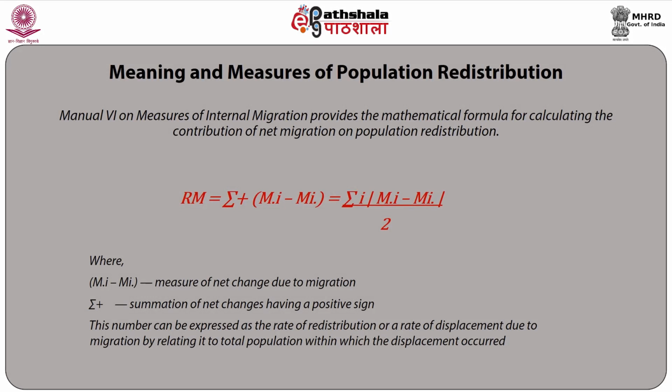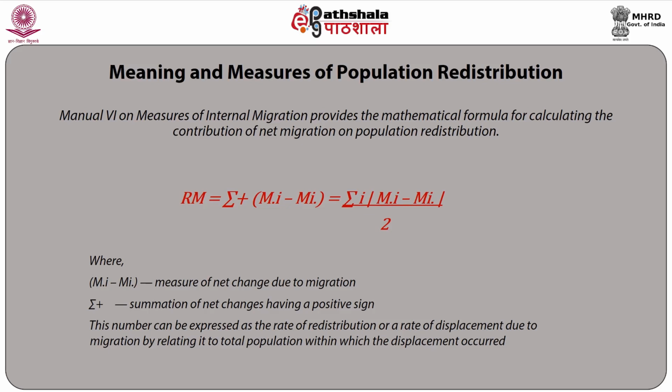Rm equals the sum of positive (m.i − mi.) equals sigma i of (m.i − mi.) divided by 2, where (m.i − mi.) refers to the measure of net change due to migration, and the symbol sigma plus indicates the summation of those net changes having a positive sign.